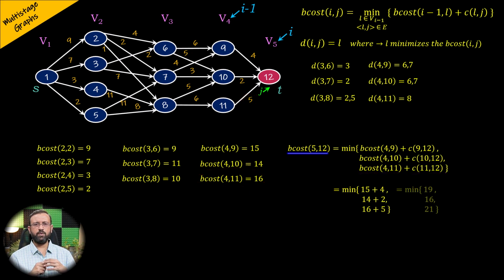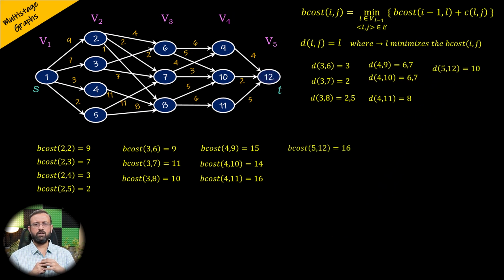So 15 plus 4 is 19, and 14 plus 2 is 16, and 16 plus 5 is 21. So 16 is the minimum cost, which is through vertex 10. Therefore, d of 5 comma 12, where 5 is the stage and 12 is the vertex, will be vertex 10. That minimizes the b cost 5 comma 12. So this is how the cost of the path of the vertex in stage 5 is computed.